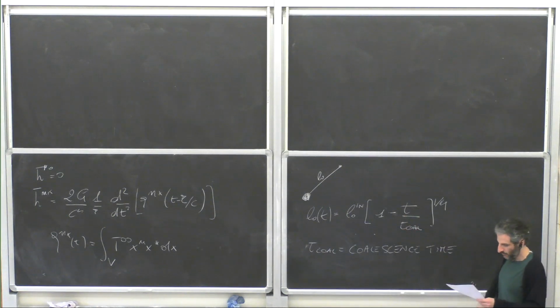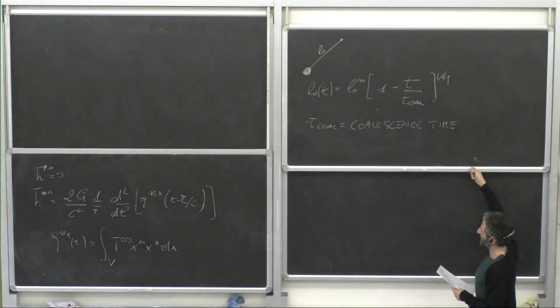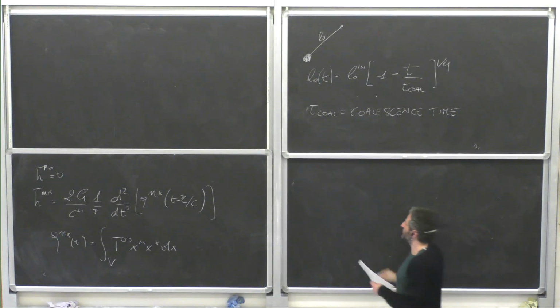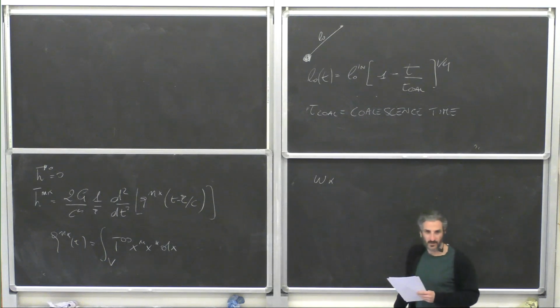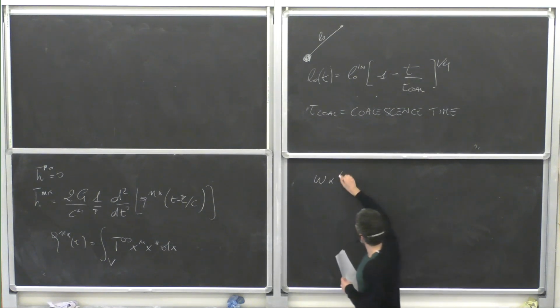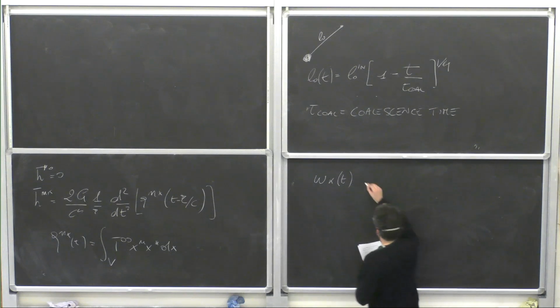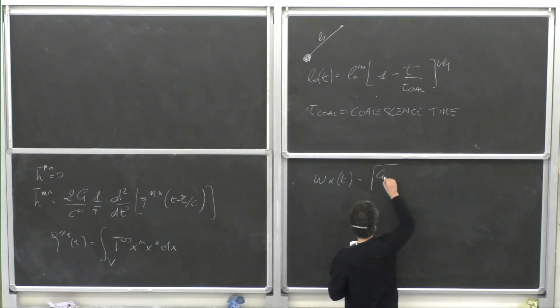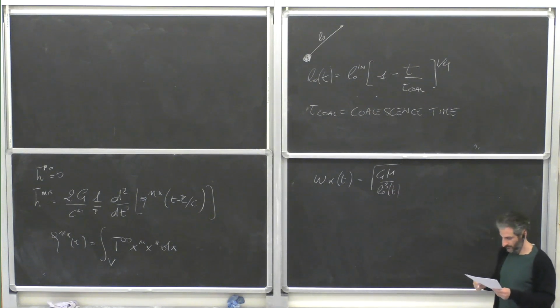Okay, now this can be used to understand what happens to our Keplerian frequency, which now becomes time dependent. This is because our original GM over L0 cubed becomes GM over L0(t) cubed.